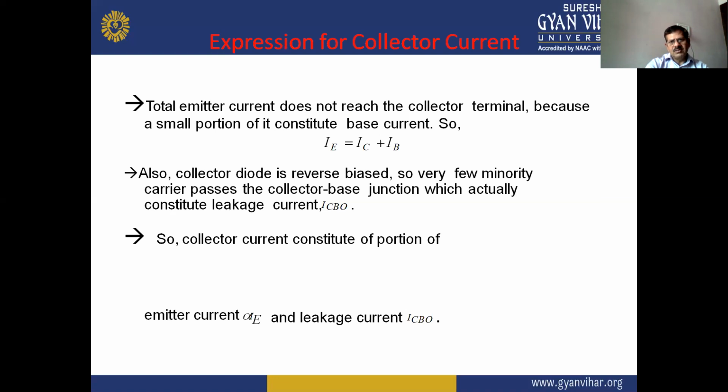So ICBO is the leakage current across the collector to base junction. This current is very low, in the range of microampere or nanoampere, and is also called the reverse saturation current.